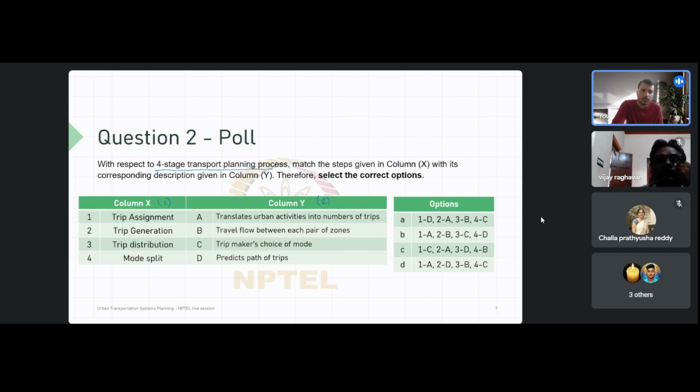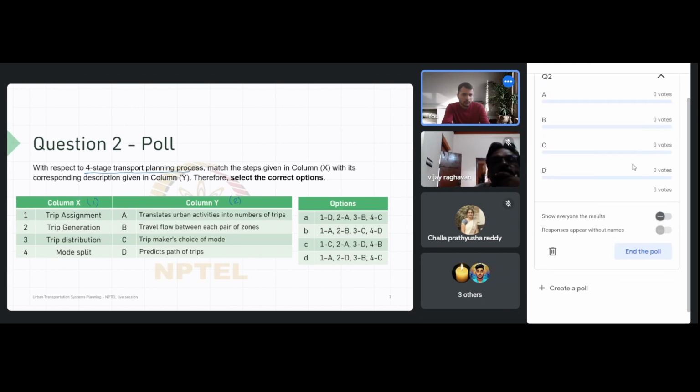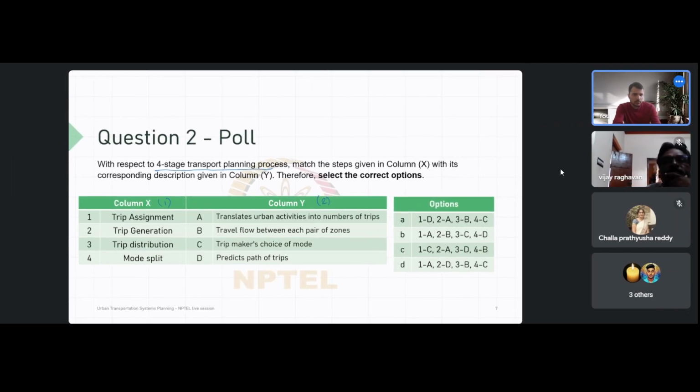It's preferred that everyone answers in the poll. That way we'll have a record of how many people are correctly answering questions. Any other responses?